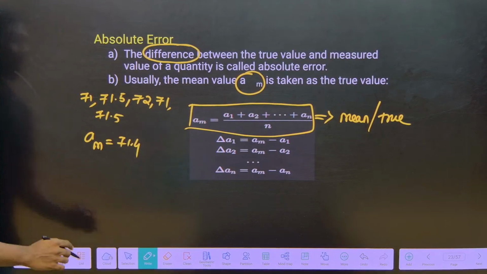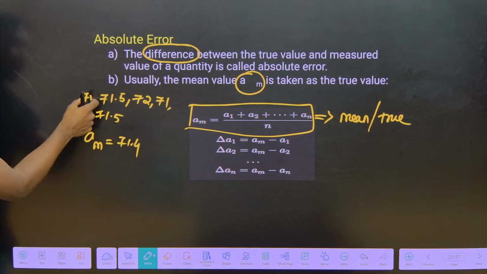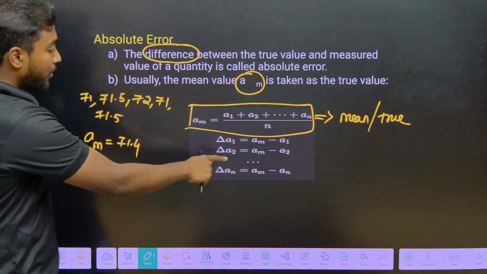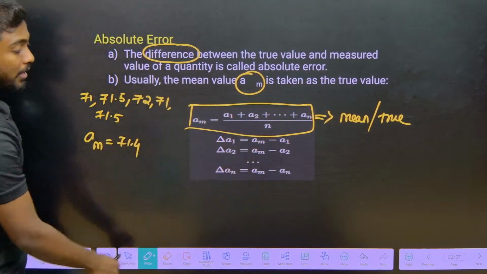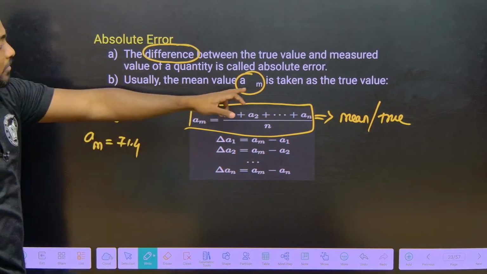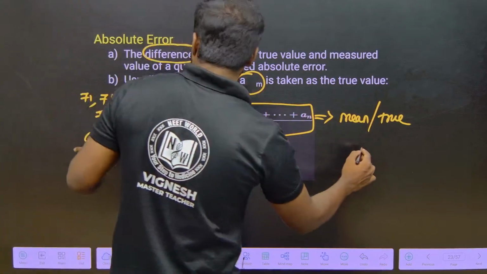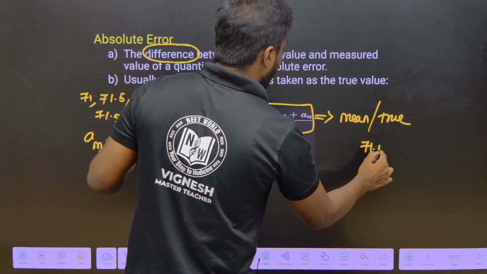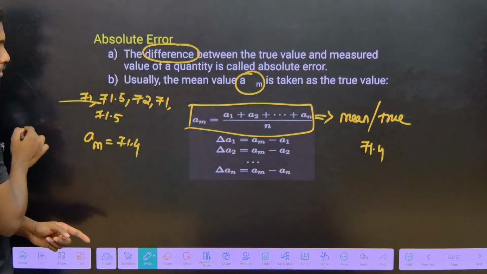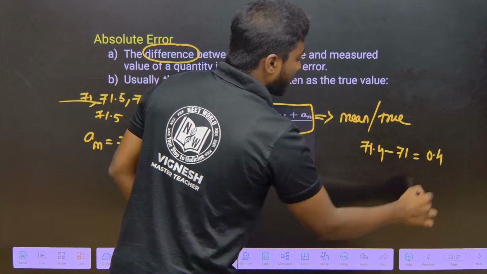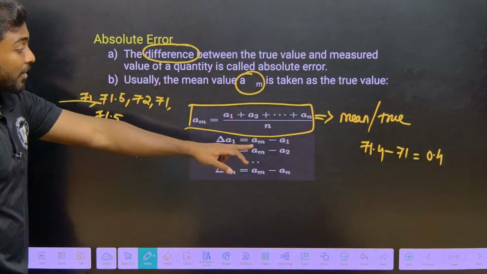Now if I see 71.4 and 71, what is the error made by the measurement? 0.4. So true value minus the value which we have measured. The true value is how much? 71.4. What value did we measure? 71. 71.4 minus 71, what is the answer? 0.4. That's the error for the first number.